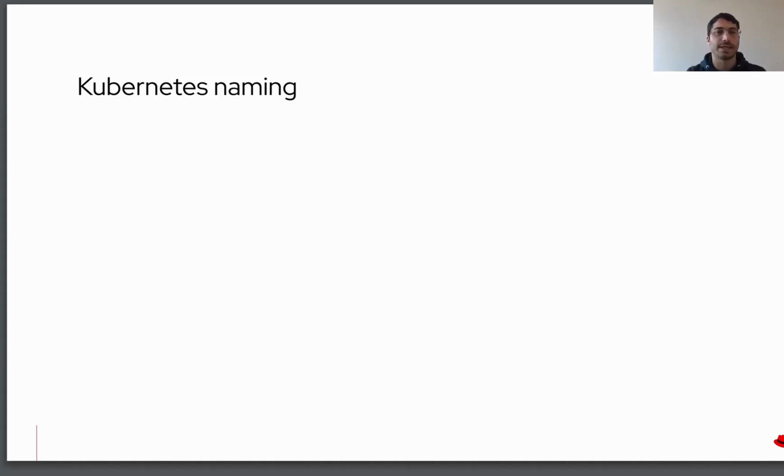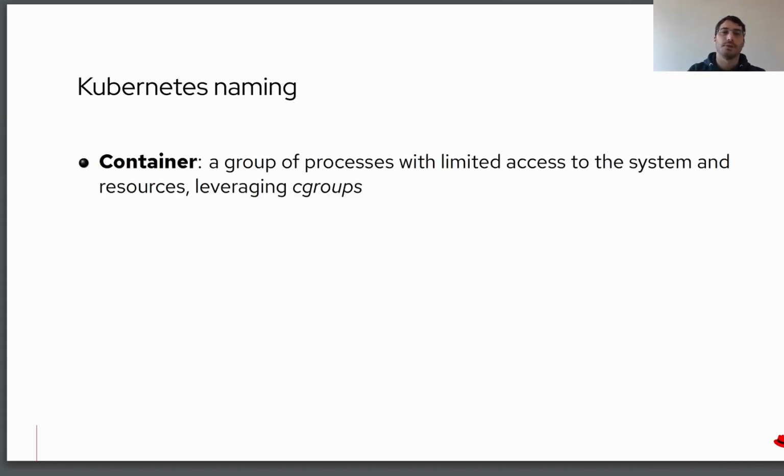But the basic idea is the same. So you would have those processes that actually think that they are the only one running on the system, because they are not able to see and interact with processes outside their set, but effectively they are not really.